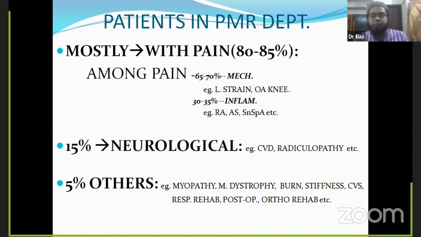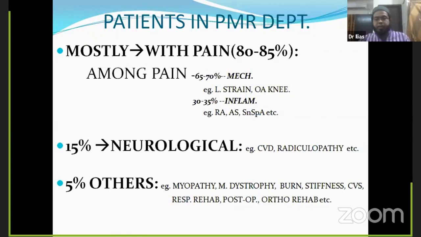And whenever the patient removes the stress over the joint or any part of the body, that time the patient will get relief from the pain. So that is the feature of the mechanical pain. And we get this kind of pain in case of lumbar strain, any kind of trivial injury, any kind of stressful job, or if you think of osteoarthritis or geriatric problems.